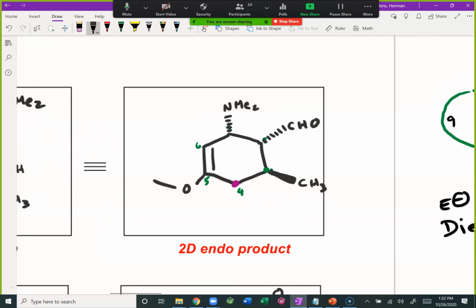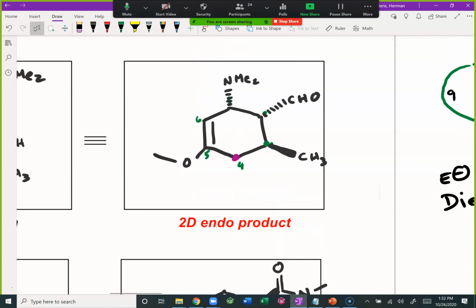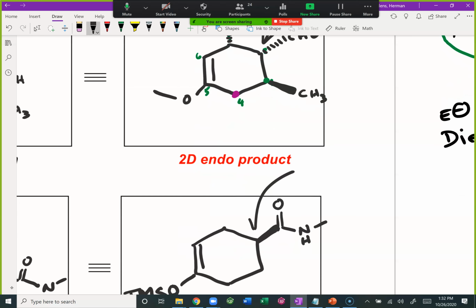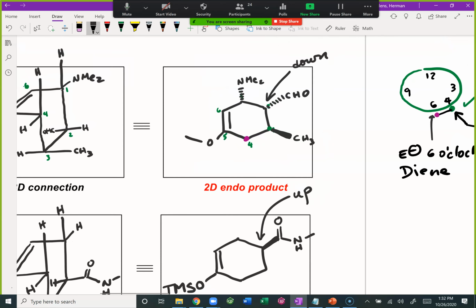One thing about the books: they will want you to memorize the following. They're going to say, okay, this group here, if it's endo, it will be down. This group right here, if it's exo, it will be up.